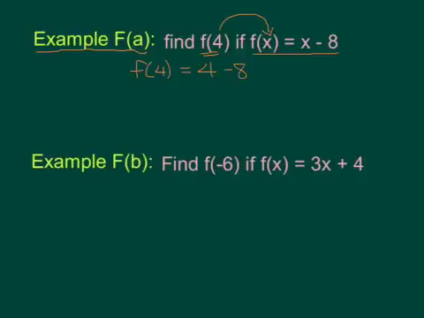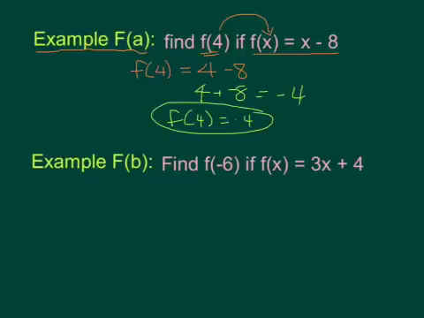So you take the x out, you're removing it, and you're putting a 4 in its place. So now when we go through and solve this, this is like 4 minus 8, or 4 plus -8, which equals -4. So f of 4 is -4. So when you input a 4 into this function or into this machine, your output would be a -4.